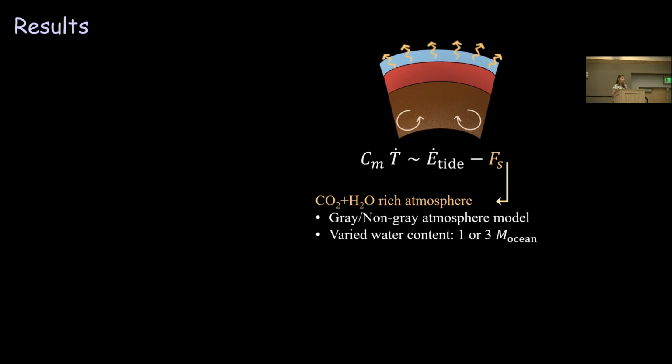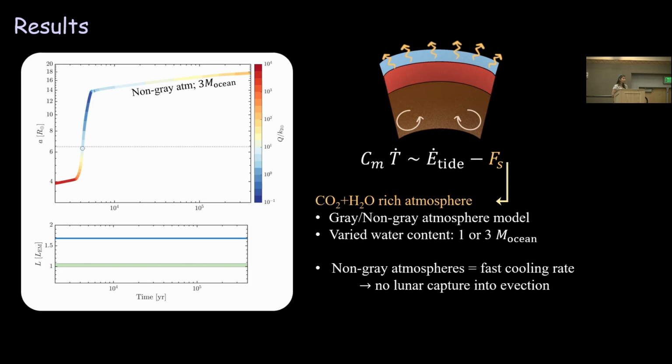We assume different types of atmospheres with varied water content. And what we find is that for atmospheres that allow for fast cooling rate, these are the non-gray atmospheres, the Earth is going to cool too fast and the Q over K2 is going to be too low to allow for the moon to get captured into evection. So angular momentum is just constant.